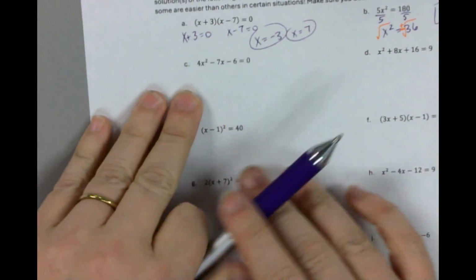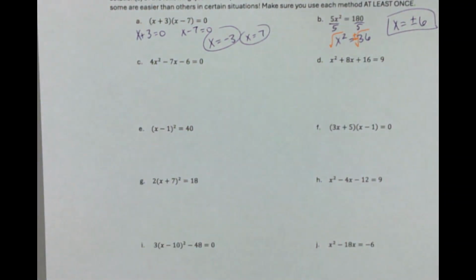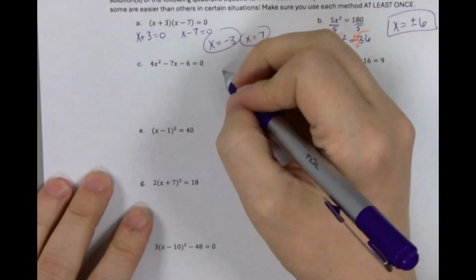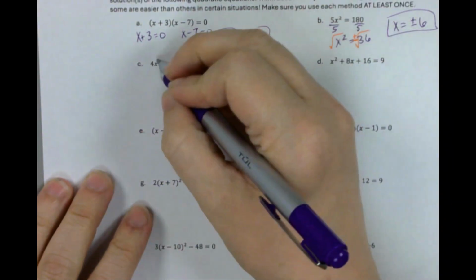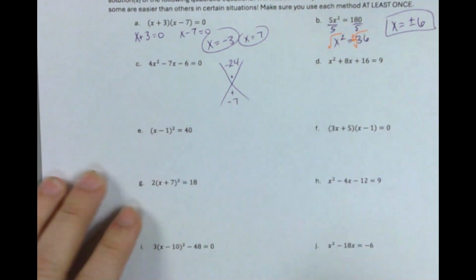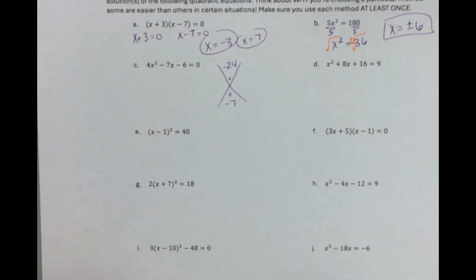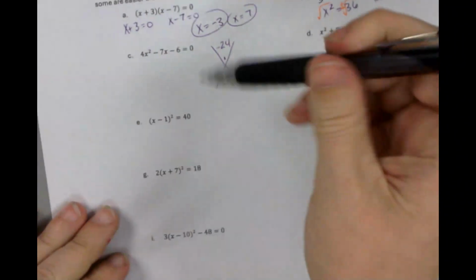Factoring is quicker if we can factor. If we can't, then we use quadratic formula. So if we can factor, we need something that multiplies to negative 24 and adds to negative 7. If we have any numbers that multiply to negative 24 and add to negative 7, we can factor this, and we don't, which means we're going to have to do the quadratic formula.